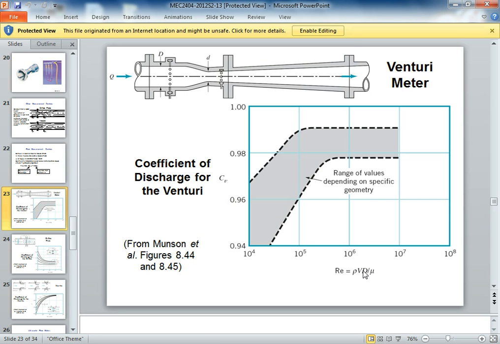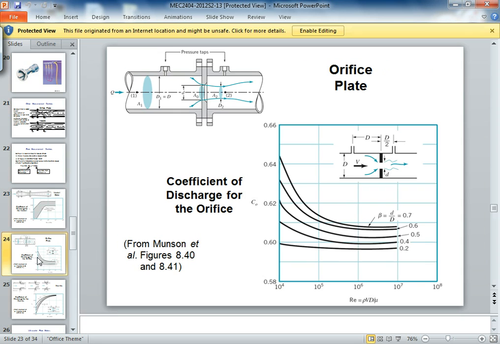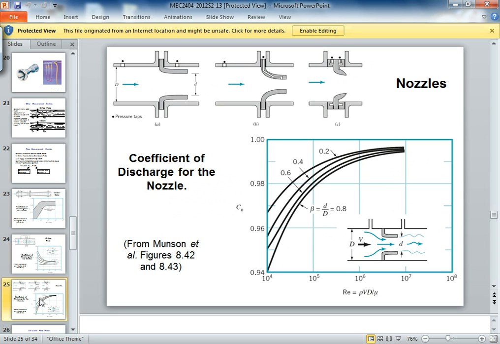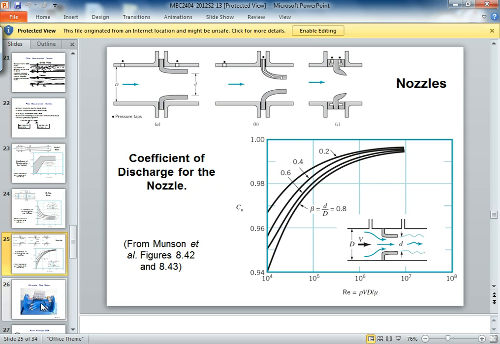For the other one, depending on your diameter ratio, small d over big D, your losses are actually quite big. Your discharge coefficient is very low, which means a big difference between the actual and the ideal flow rate. See here it's about 0.6. And the other one is somewhere in between. You get some nozzle discharge coefficient.